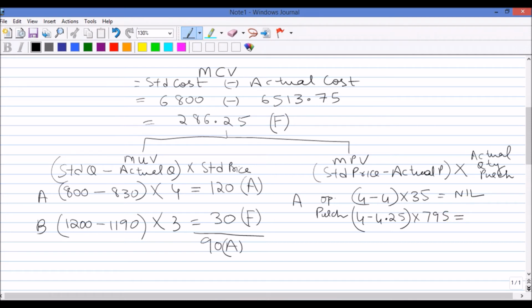So 0.25 into 795 is going to give me 198.75. 4 rupees, I have bought at 4 rupees 25 paisa, means I have bought at higher price, so this is adverse.